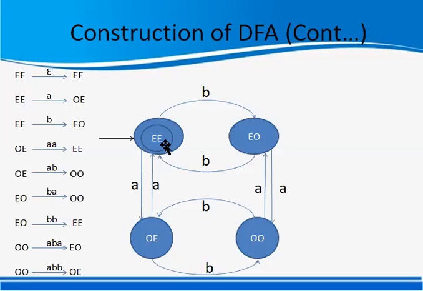That's why we have made the state EE final. So this is our minimal DFA. This is the second method using which we can construct the same DFA that we constructed using our first method.